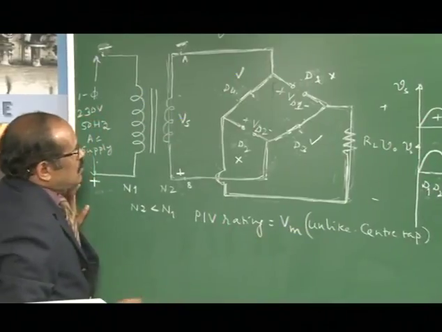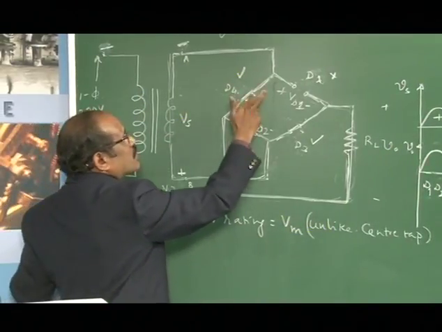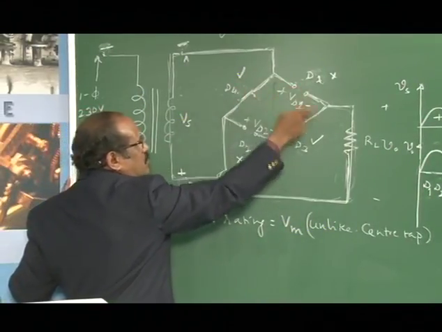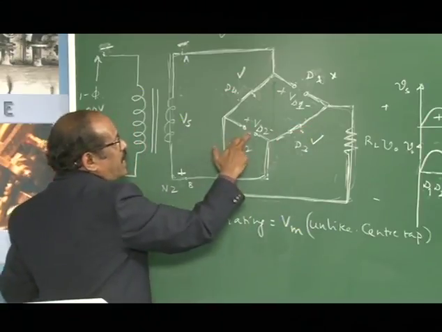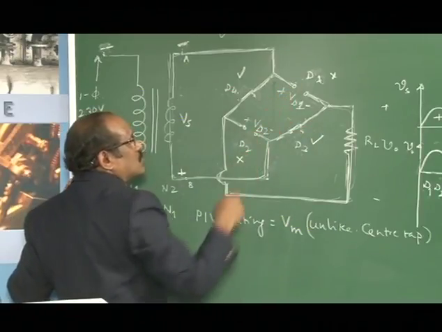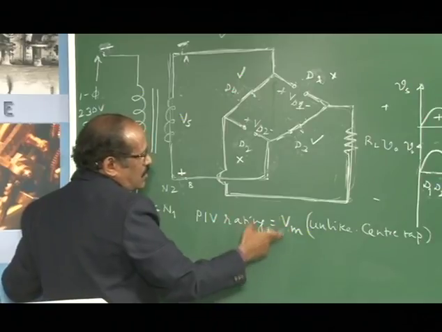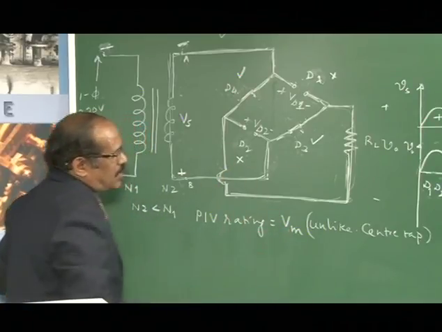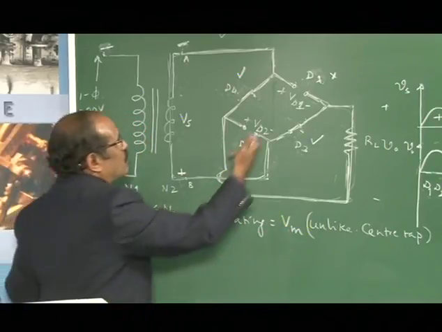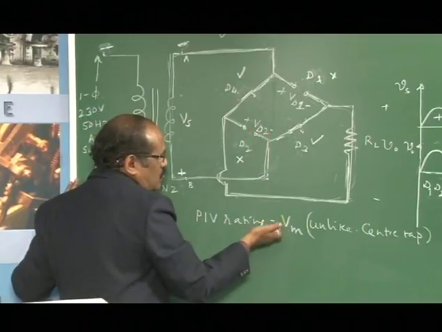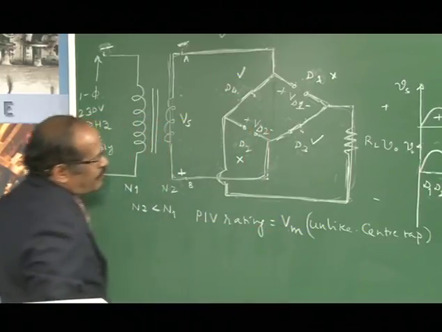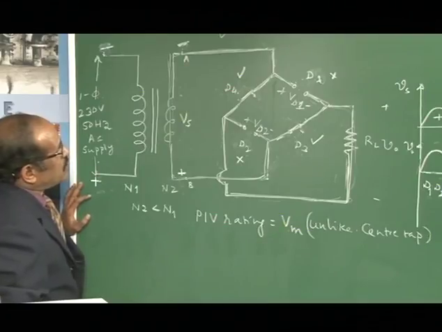That is the advantage here. Even though this bridge rectifier uses 4 diodes, since the PIV rating of the diodes used is Vm only, the cost as well as the bulkiness of the diodes reduces, and therefore it is preferred compared to the center tap configuration.